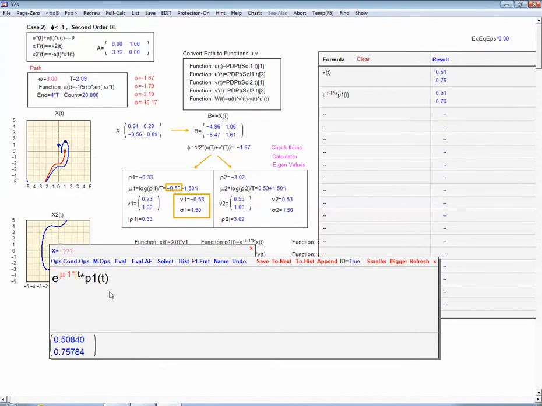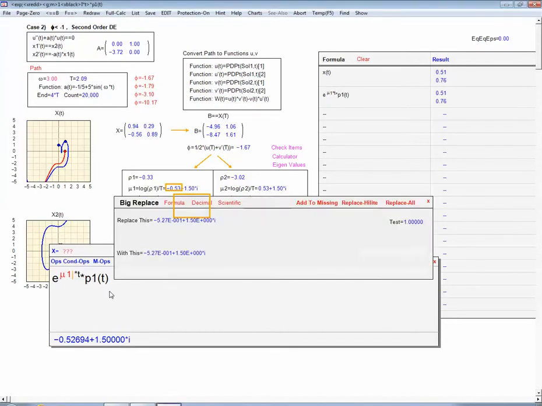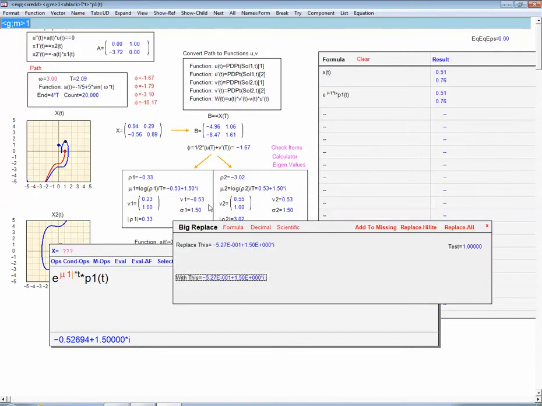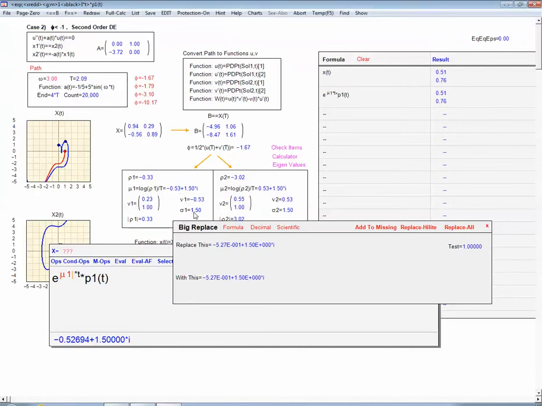So I'll do that with my replacer, and I'm going to replace that with nu1 plus i times sigma 1. And notice our test says that's equal, and you can look at the form, and they're the same too.